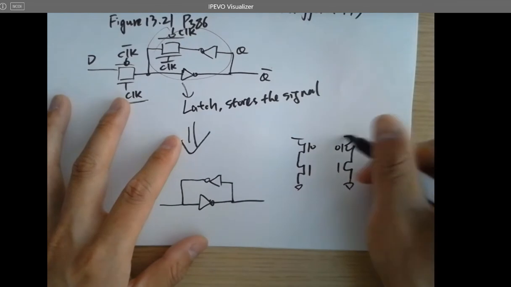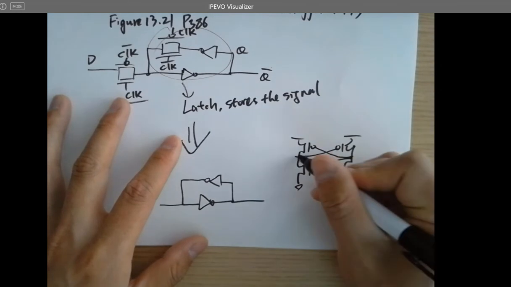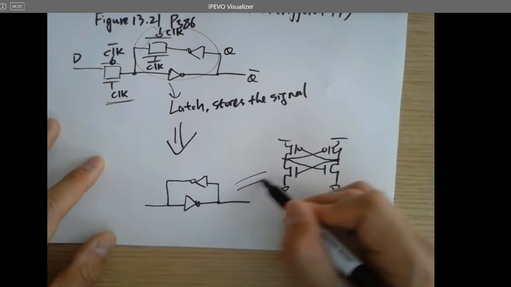What's the difference between these two circuits? Are they equal?